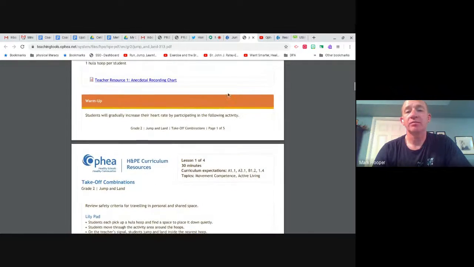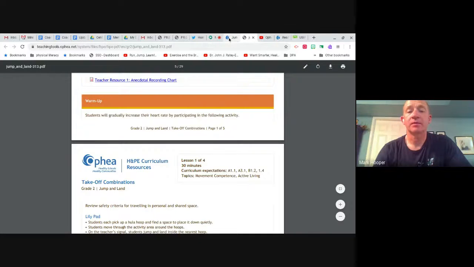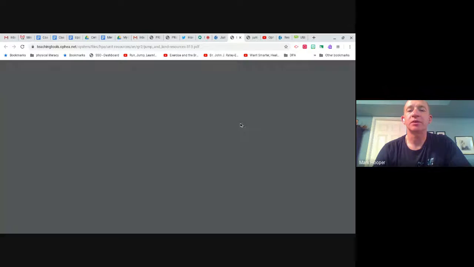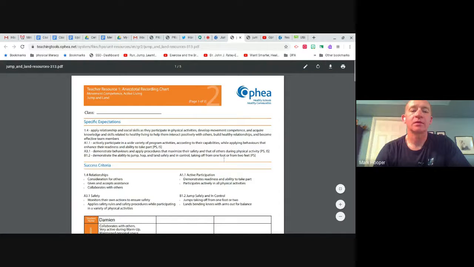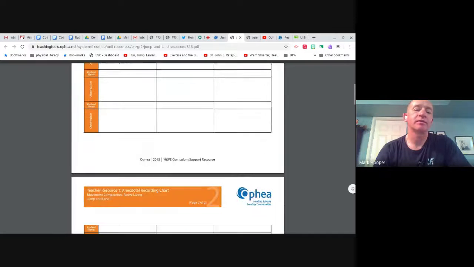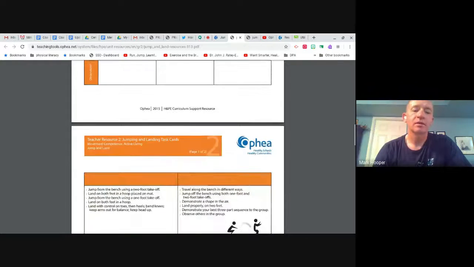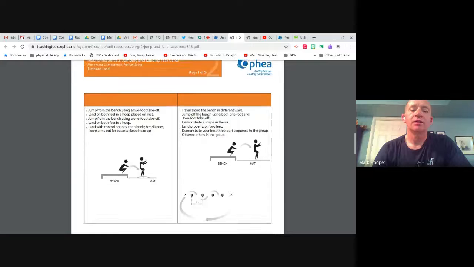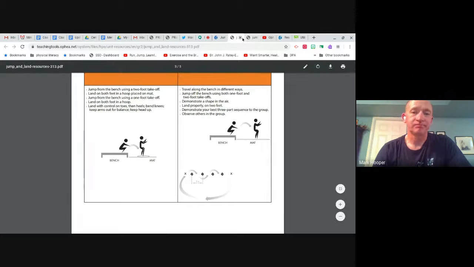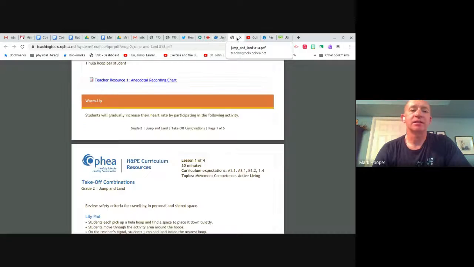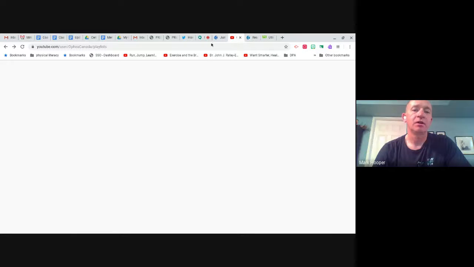And it ties into games and everything as well. And it goes into the unit resources that you will need as well. It outlines them on there. So it gives you some things to record, things to look for, and so on. Okay. So that's basically the lessons that you can actually have on Ophea.